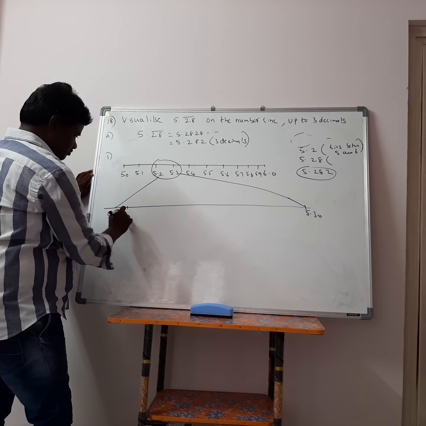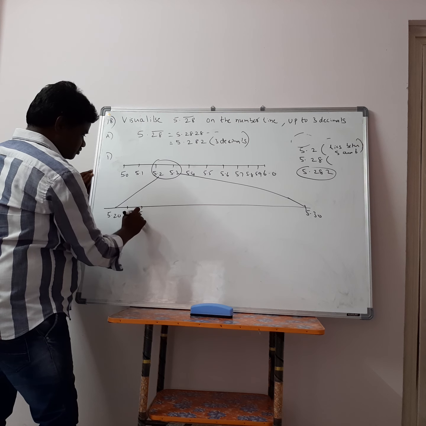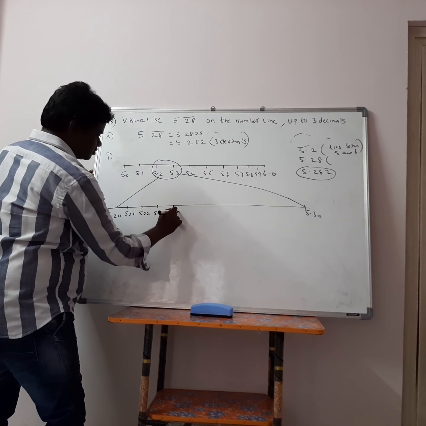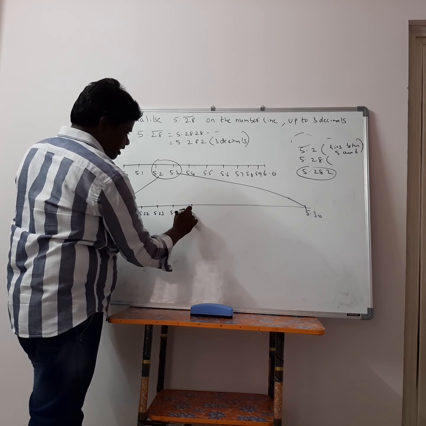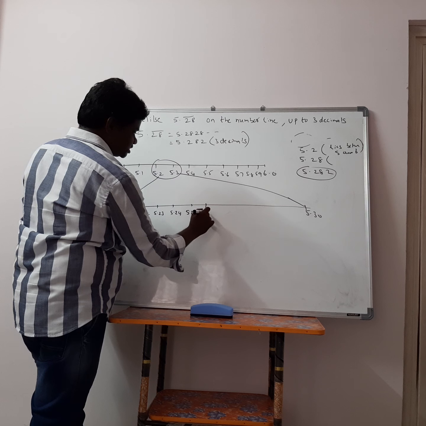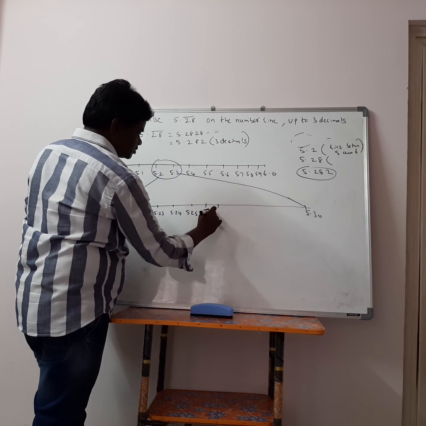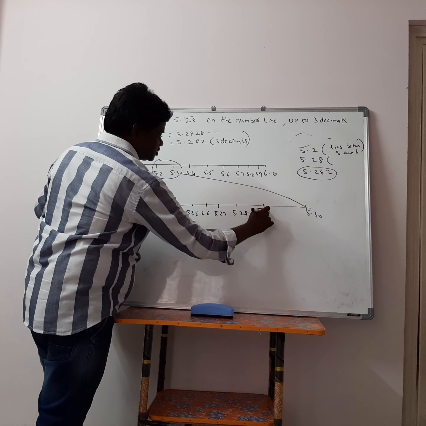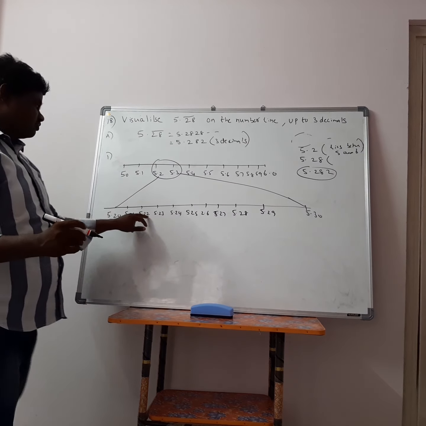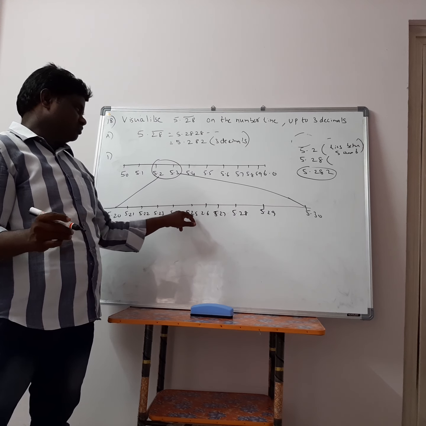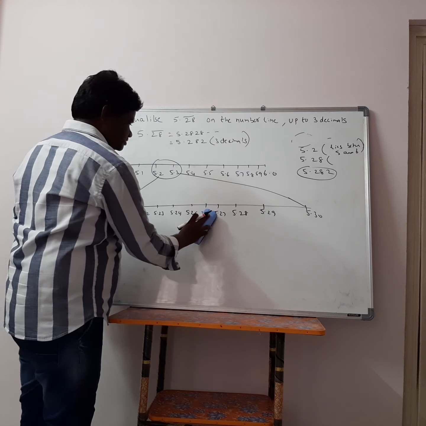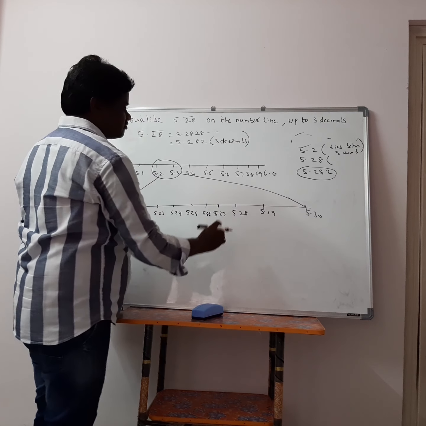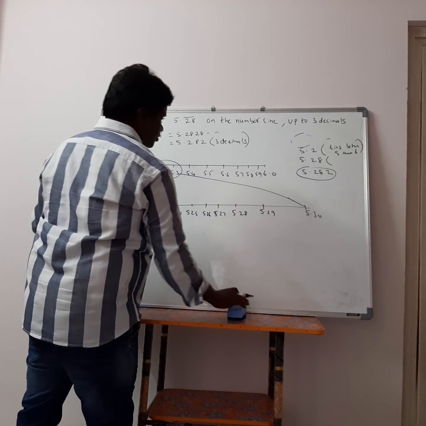So you have to write 5.21, 5.22, 5.23, 5.24, 5.25, 5.26, 5.27, 5.28, 5.29, 5.30.